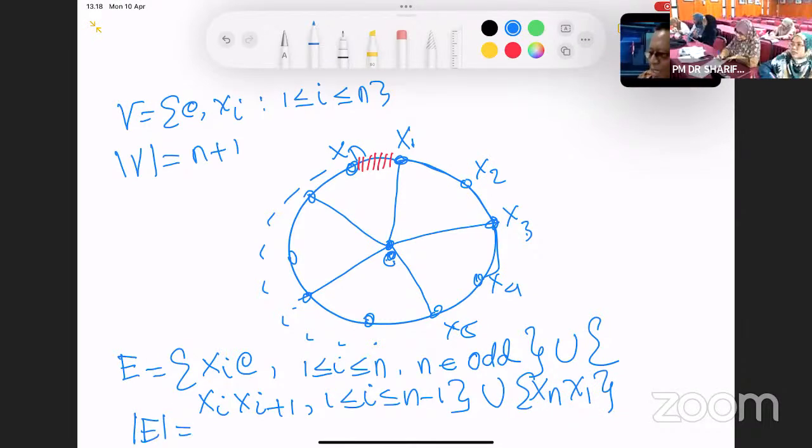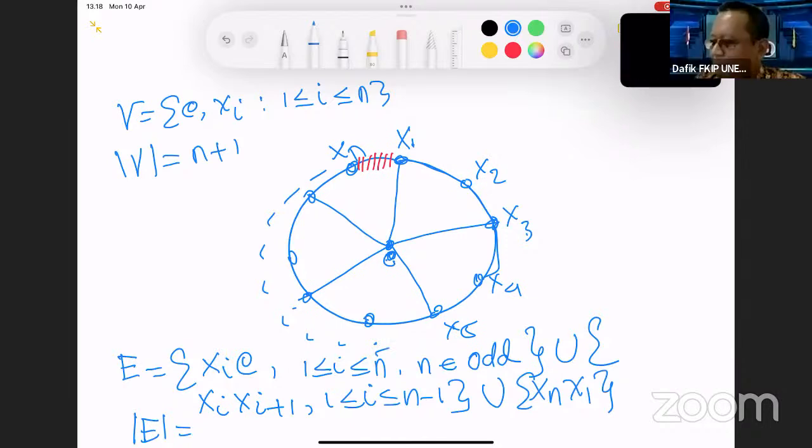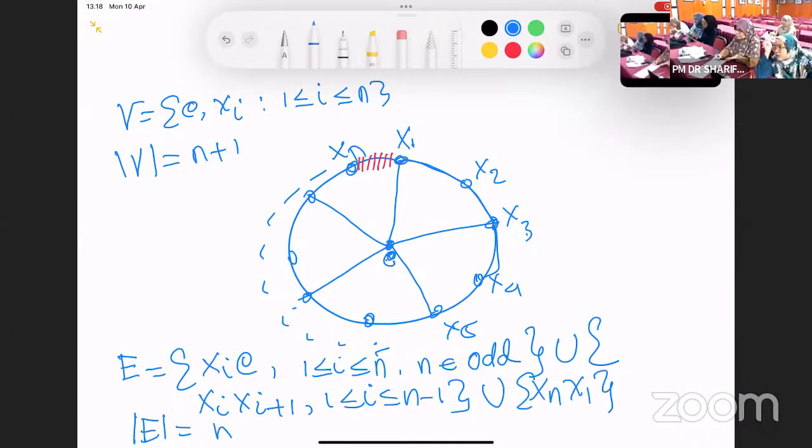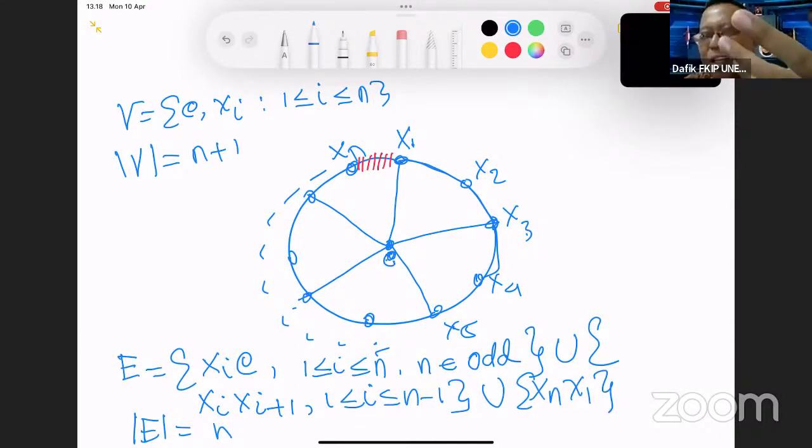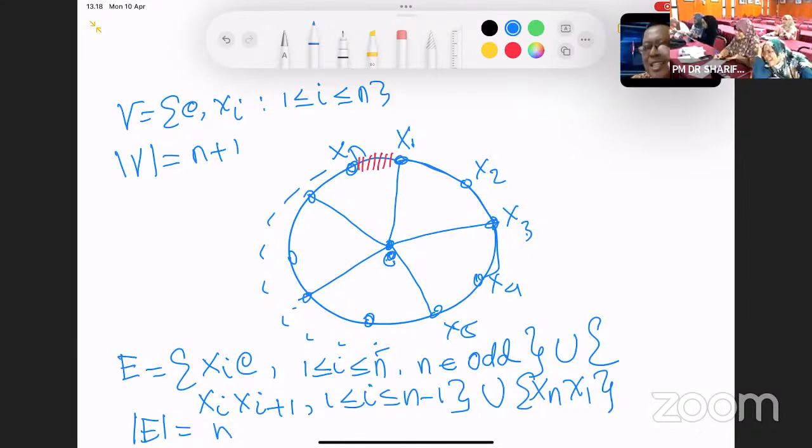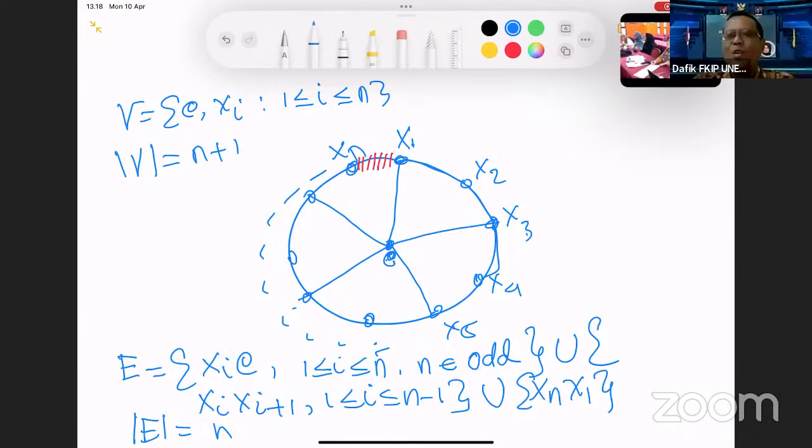Because only odd, so 2n plus 1. You can consider the natural numbers, but you just take the odd ones.